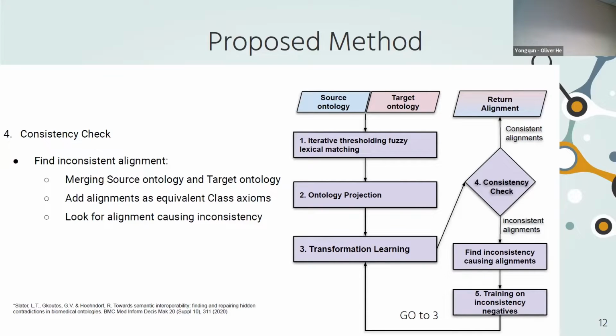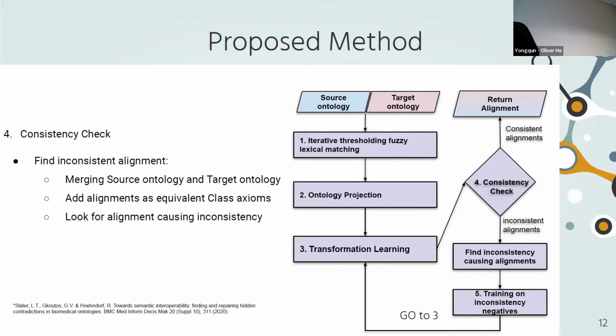This is inspired by actually another very interesting paper that was published before, where they were trying to find the hidden inconsistencies in OBO ontologies, and using a similar method to what they did.